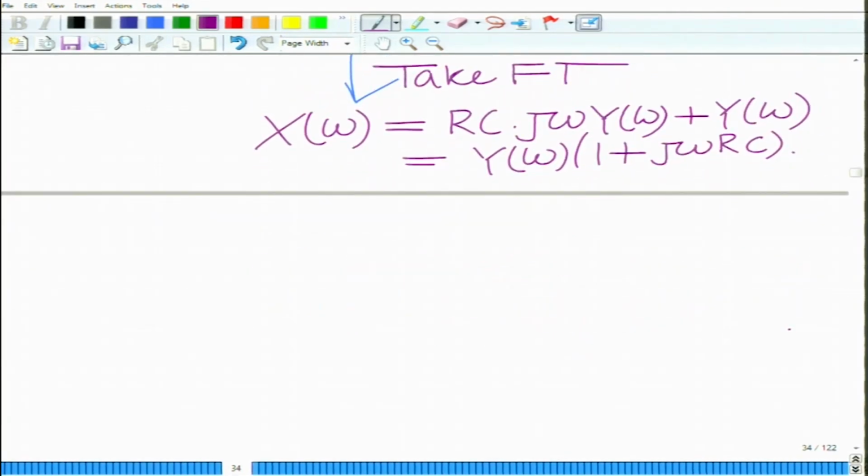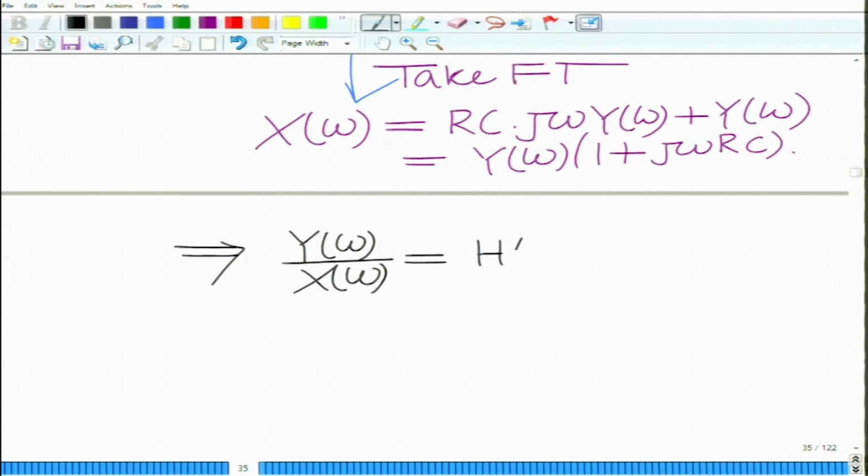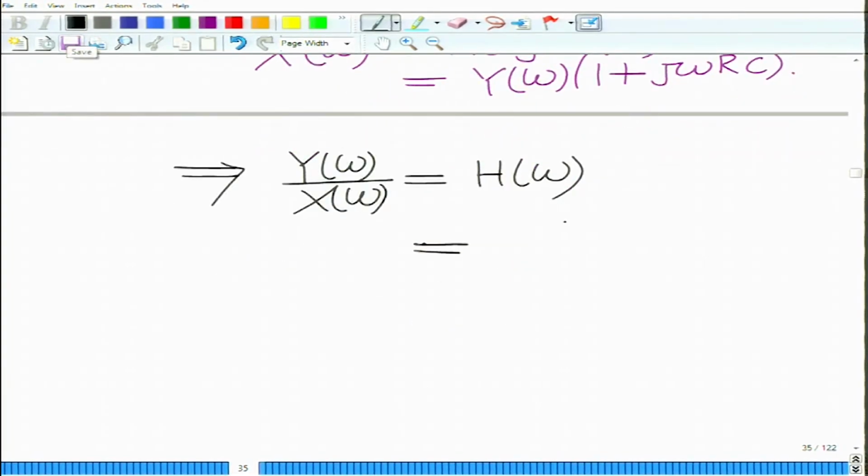Okay. And now, if you look at Y(omega) over X(omega), which is nothing but the frequency response, you can readily see that this is given as 1 over (1 plus j omega RC).